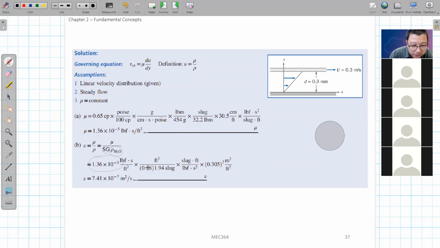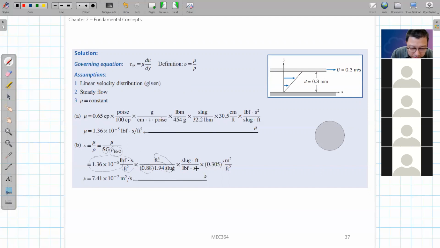This is that Sg value, and this is the water density here. It's 1.94 in this British unit. Okay, and so after you get this density, we try to convert to cancel those units, because this is the unit system for the EE, and this is the unit system for the British.